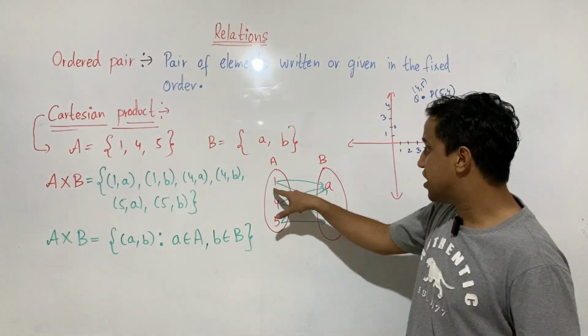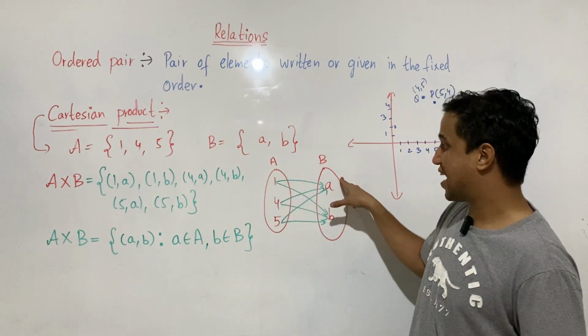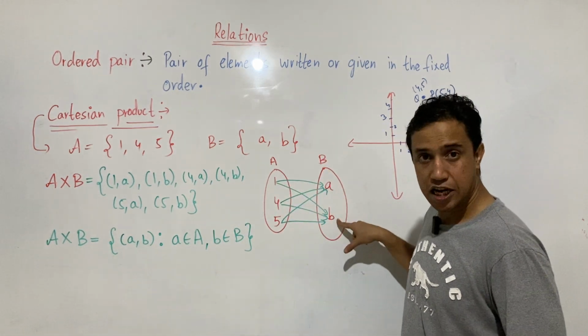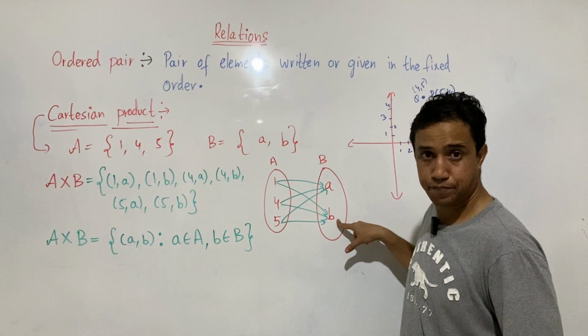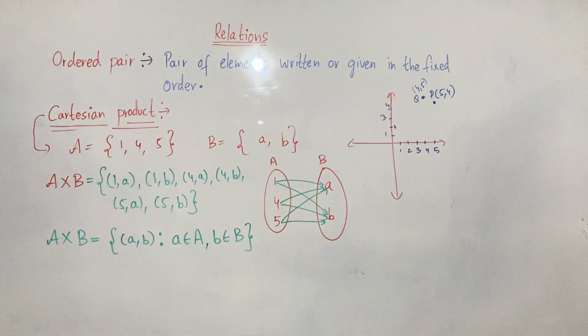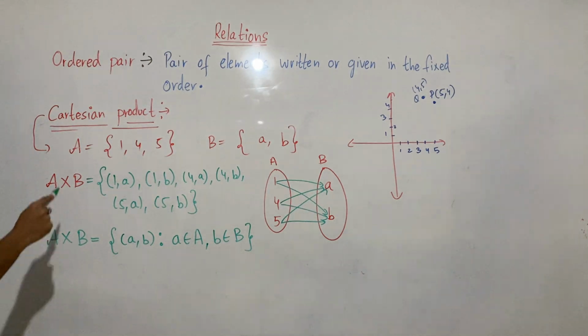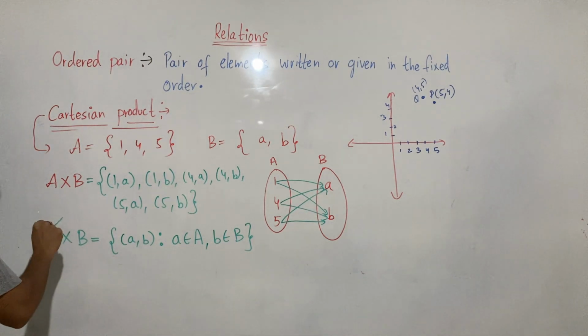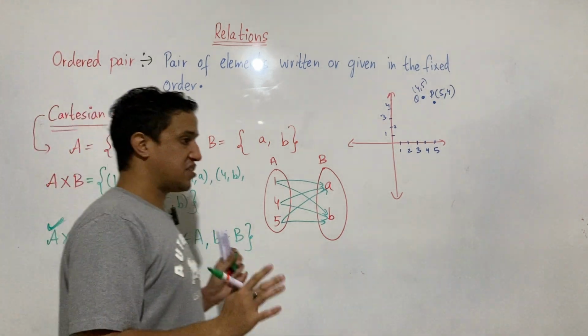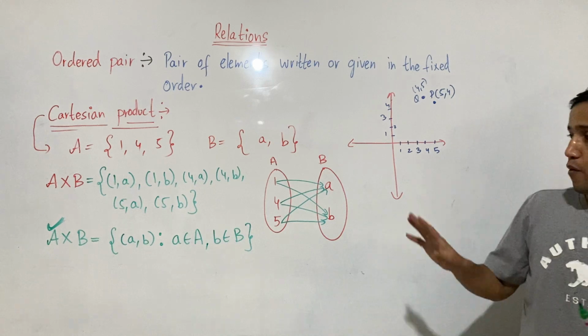See here, I have mapped each element of this set with every element of the other set. I hope this is clear to you. So that is what Cartesian product means.